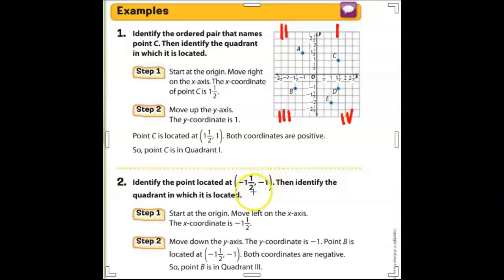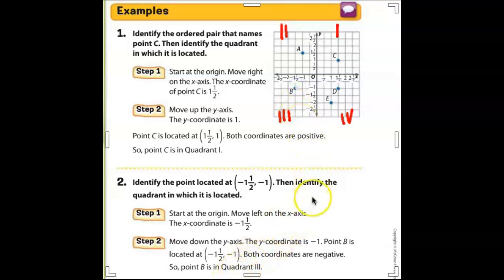So the x value is what we're going to locate first. So this is -1.5. Always start at 0. I go over to -1.5, and then I'm going to go down -1. So -1/2, -1. So this is the point that I am looking for right here.